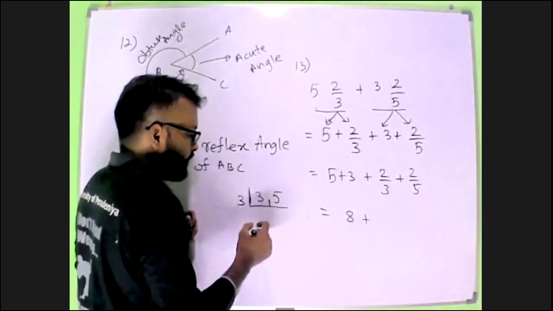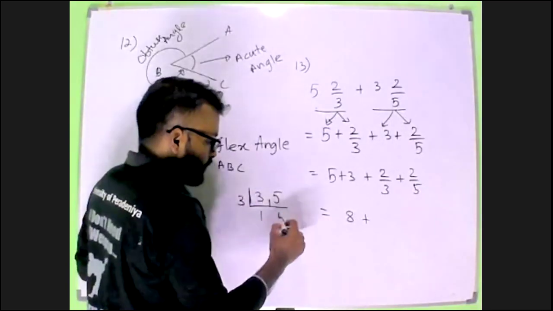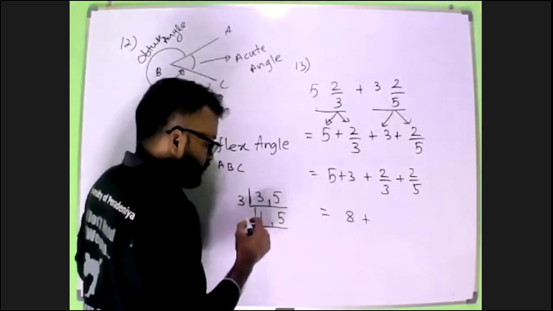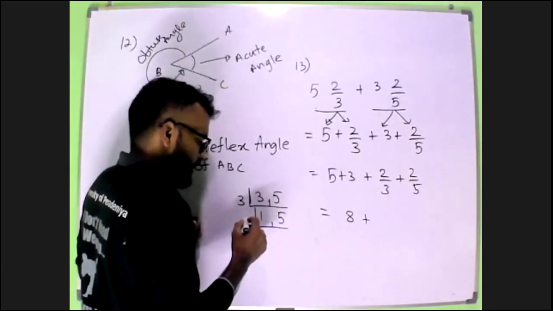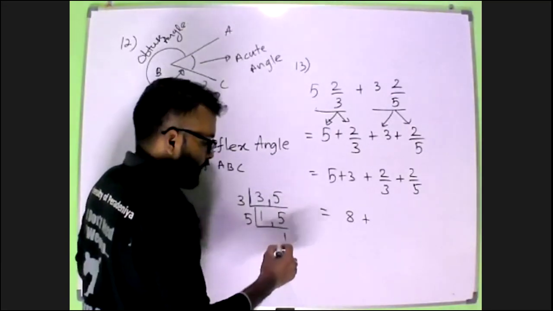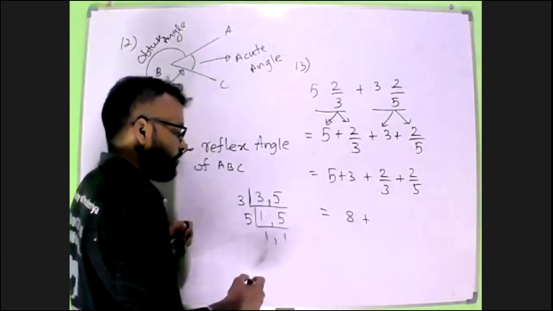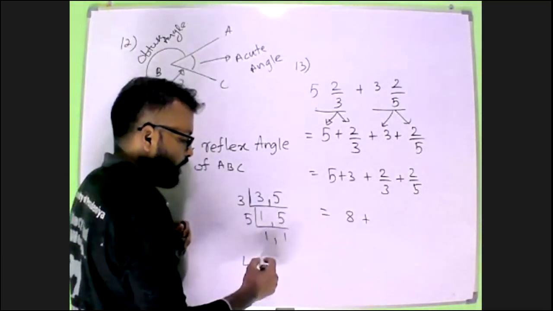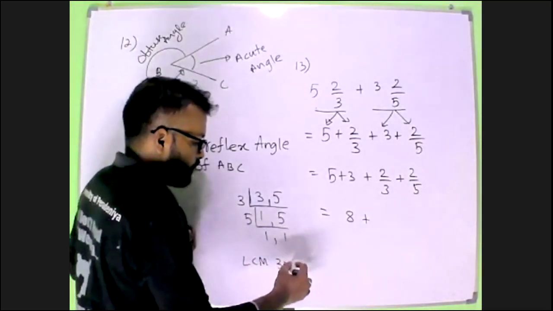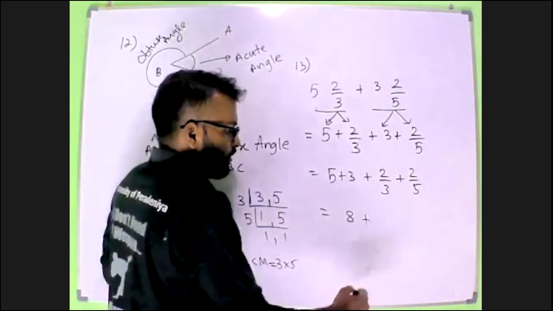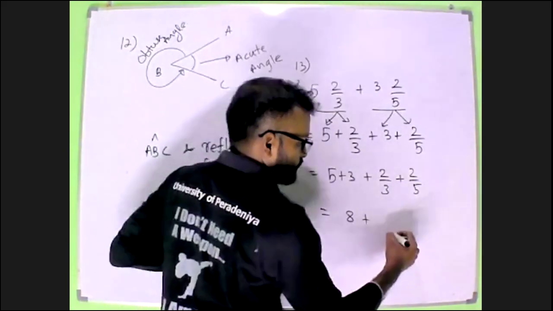So by dividing both numbers using the prime factors, right? You have to divide 3 times 5, which should be 15.